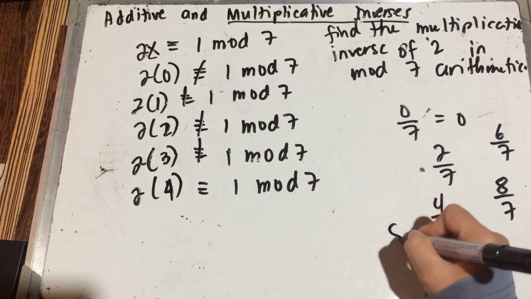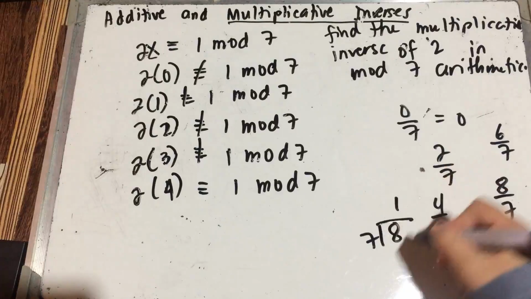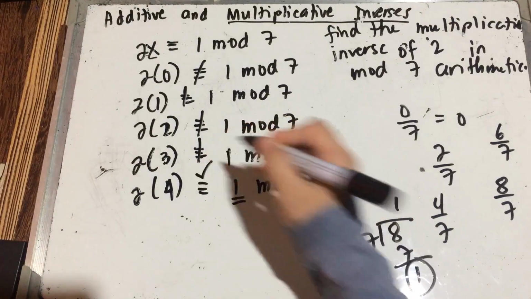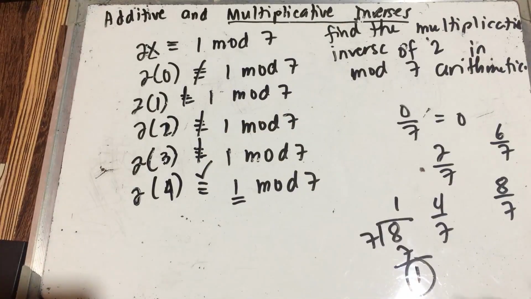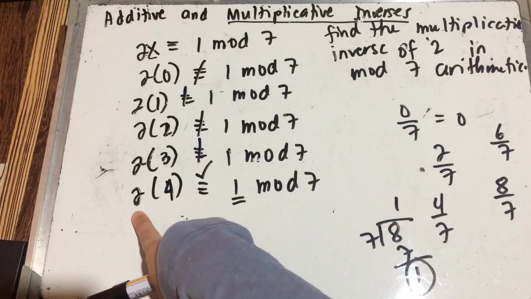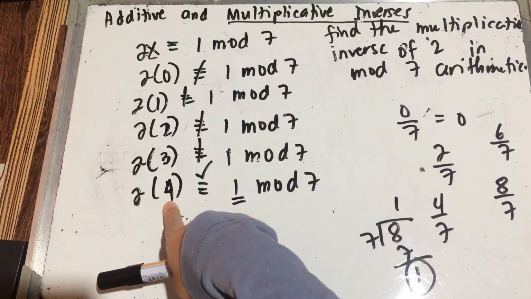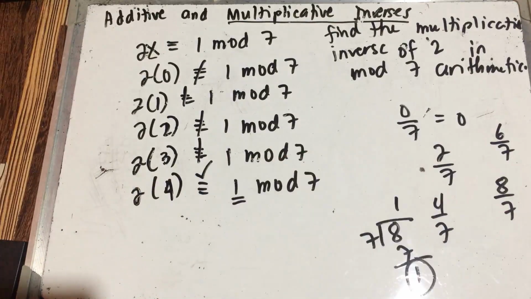When you divide 8 by 7, 1 times 7, the remainder is 1. So this is where we got this answer. It satisfies the congruence, so the multiplicative inverse of 2 is 4, or the multiplicative inverse of 4 is 2.